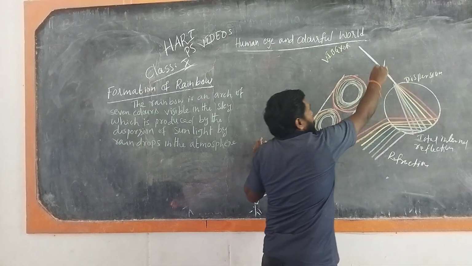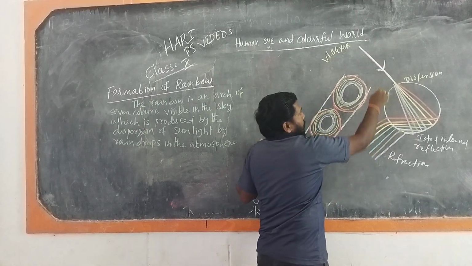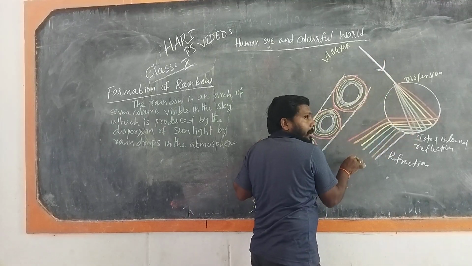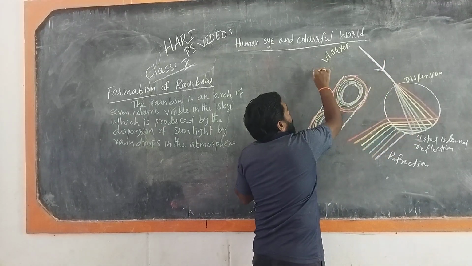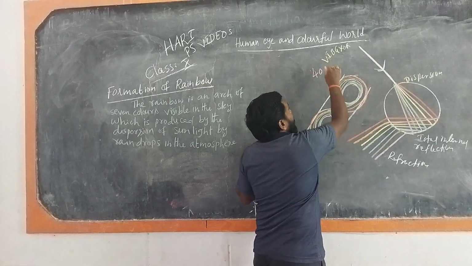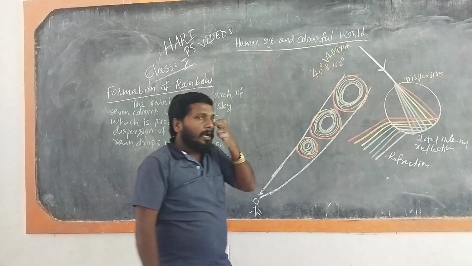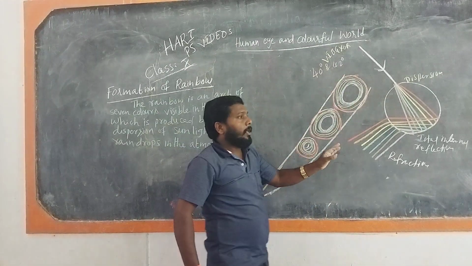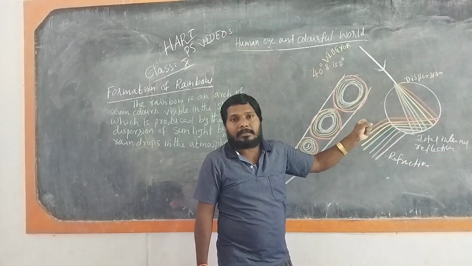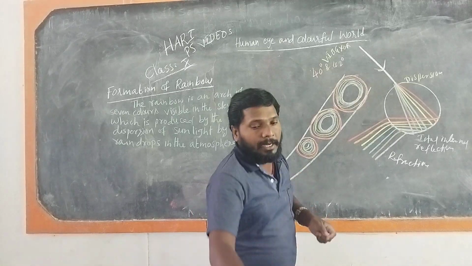So this is the light entering and this is the light coming out. If the angle between the light entering and the light coming out is between 40 and 42 degrees, then we are able to see the complete 7 color bands of rainbow.